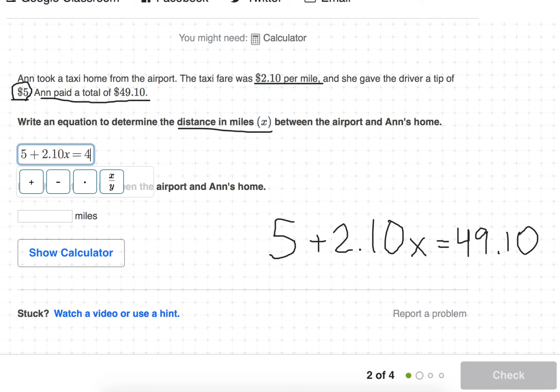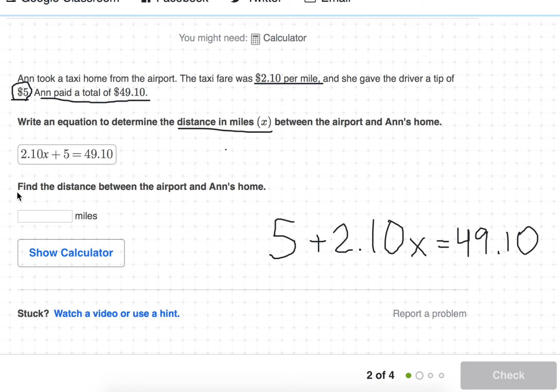Now if you want, you could switch around the 5 and the 2.10x on the left side, right? Addition is commutative, so you can do those in either order. So I'll leave it like that to show you that. Find the distance between the airport and Anne's home. Well, let's subtract away that $5 tip.